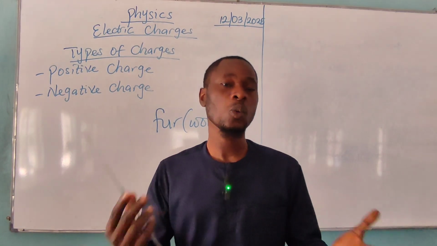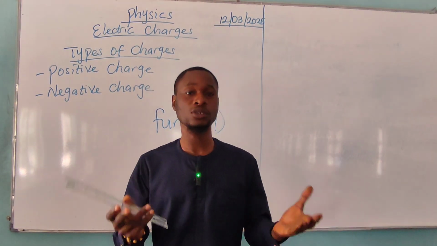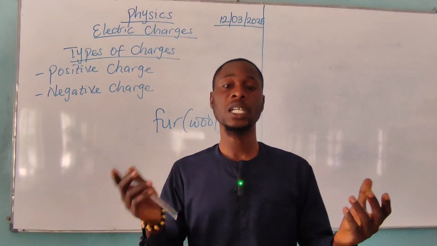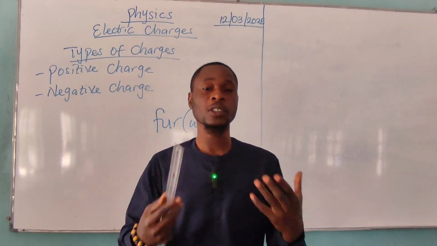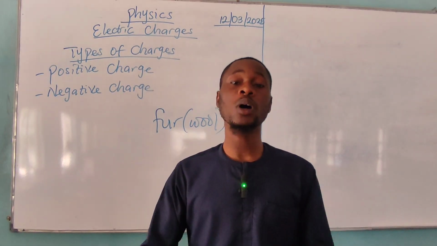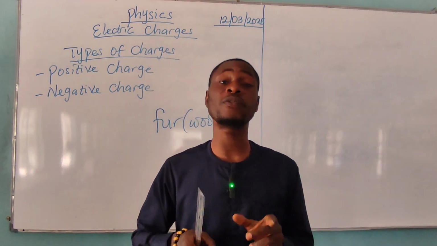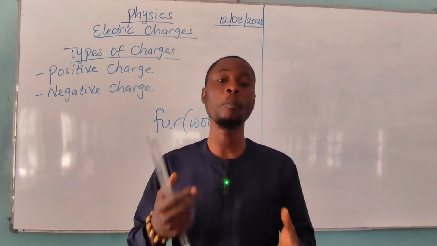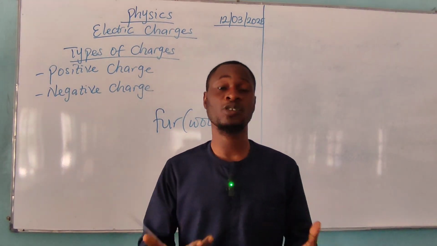So what do you think actually takes place between the two during the process of the rubbing, or the friction? During the rubbing, the ebonite rod was able to acquire some electrons from the fur material, making it have excess electrons after the rubbing.